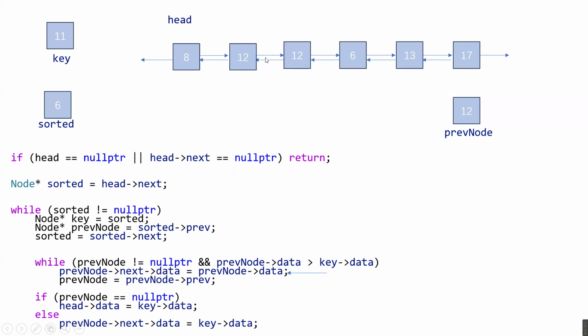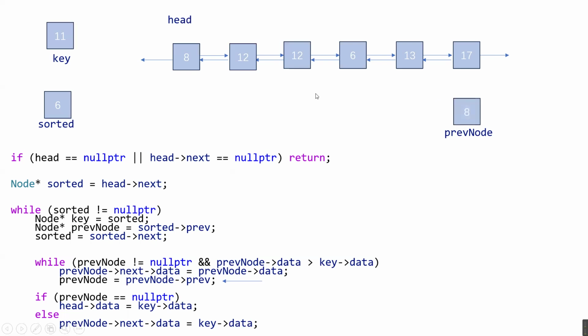It is like putting the 11, this one, in the next position and inserting the current element before the 12, right? So the previous node's previous will become the 8, right?